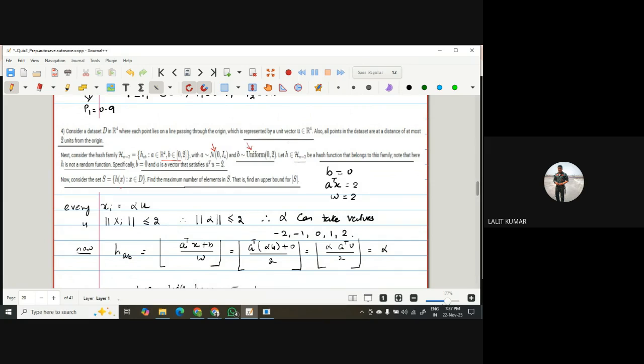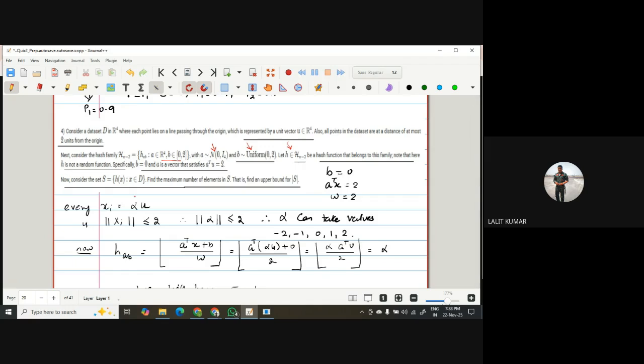Let the hash function be a function that belongs to this family. Note that here H is not a random function. Specifically, B is equal to 0 and A is a vector that satisfies A transpose U equal to 2. Now consider the set S equal to H(X), X belongs to D. Find the maximum number of elements in S, that is, find an upper bound for S.